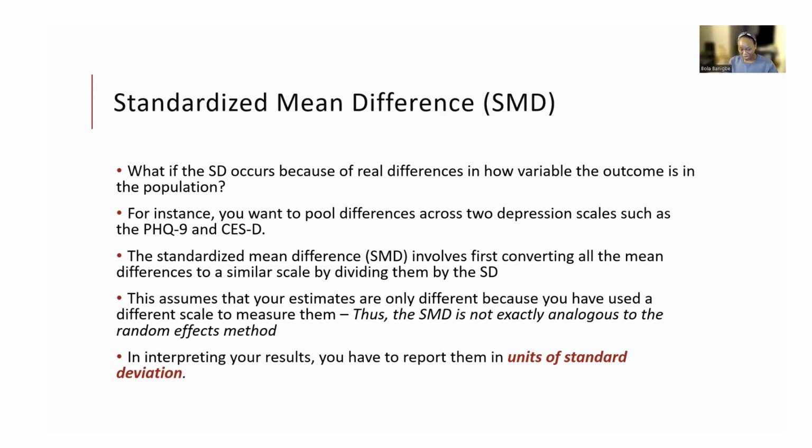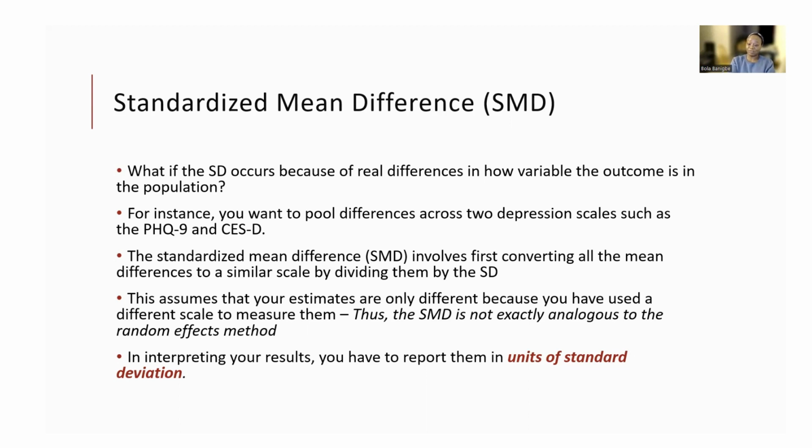So the same outcome, but different scales. For instance, if depression is measured using the PHQ-9 scale and the CESD scale, these are both validated scales for measuring the same construct. How do you then combine the scores in a meta-analysis? You can use a standardized mean difference.